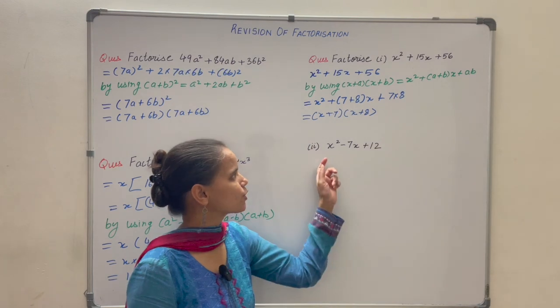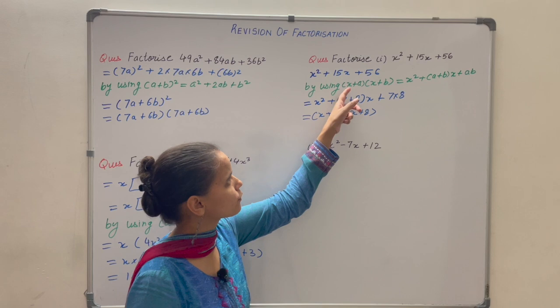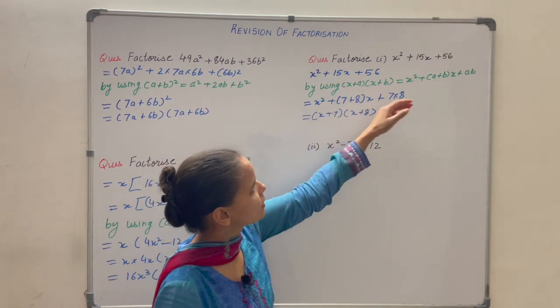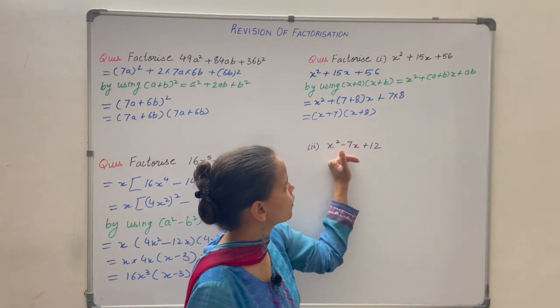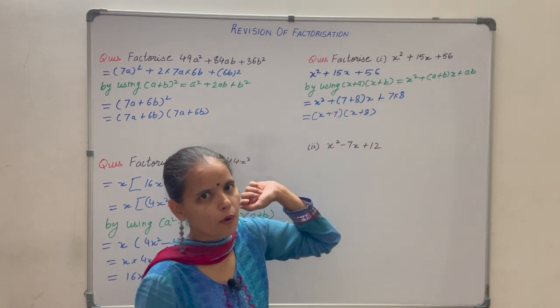Now let us take this question, x square minus 7x plus 12. So again it is of this form. So we are going to use this identity and solve. This expression is what is given to you on this side. So you have to use this formula and write it in the form of factors.